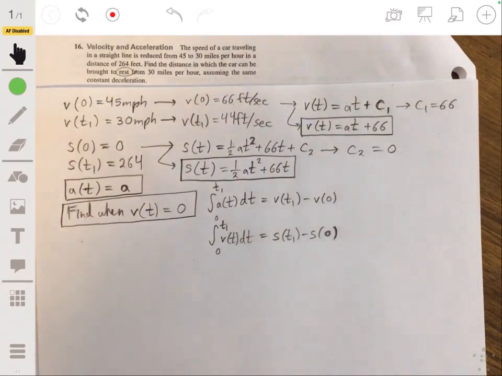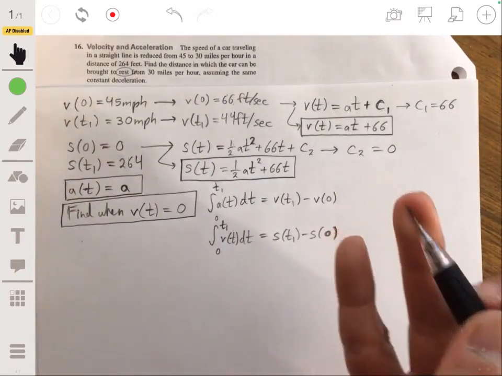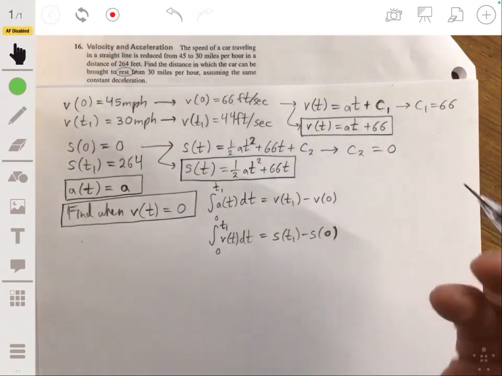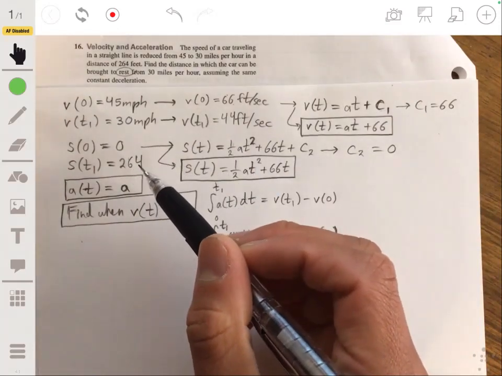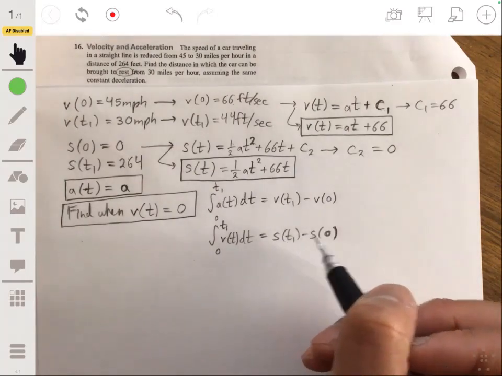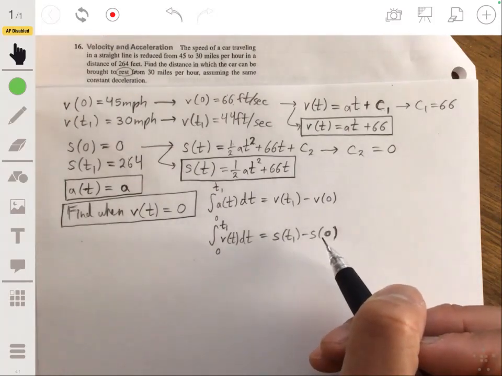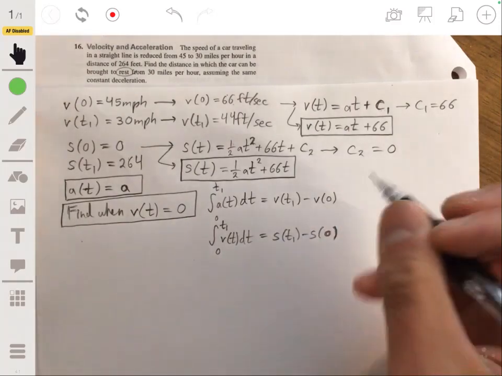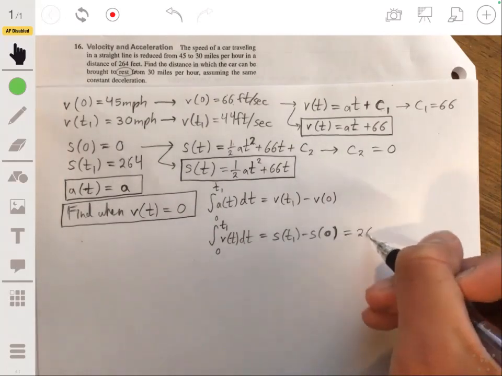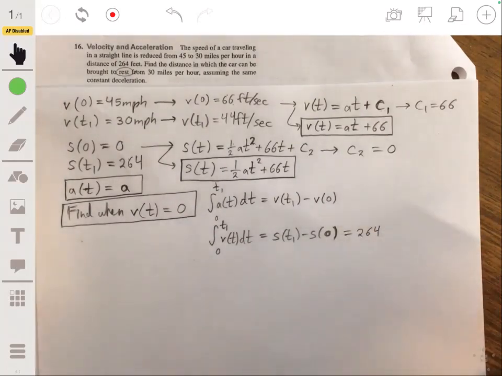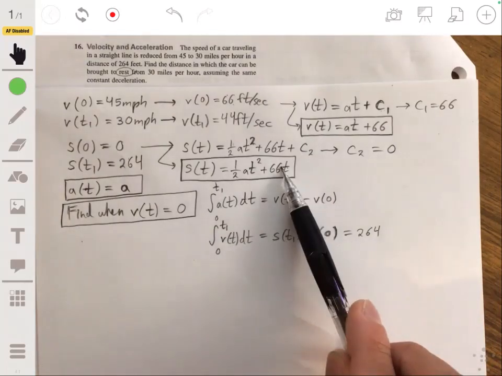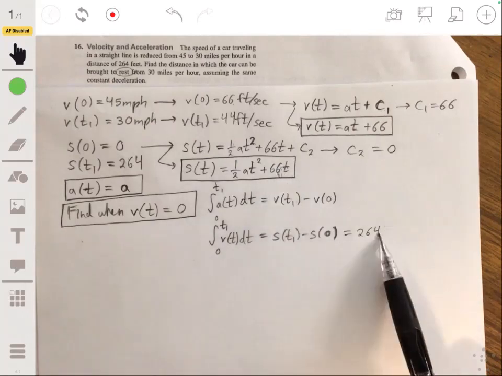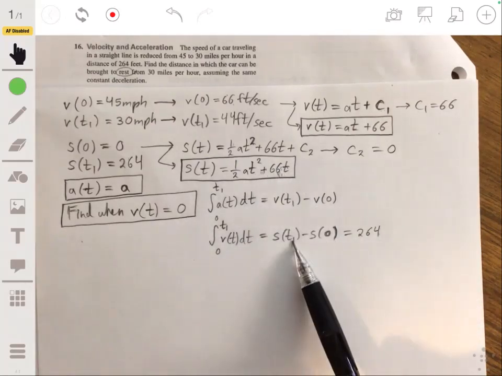Okay, now what we want to do is use the fact that it travels 264 feet from time 0 to time t1. So we can set this position equation equal to 264 when t is t1.